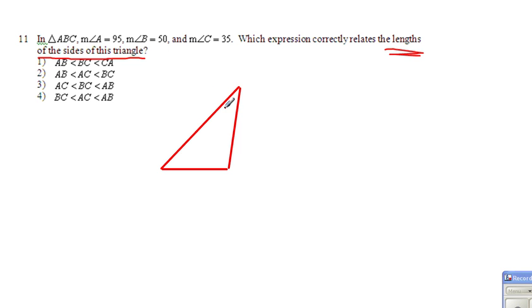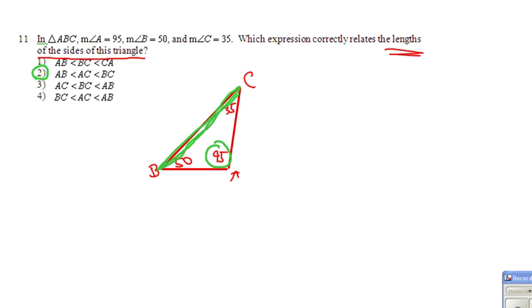So here we have, this is 35, and that's C, and this is A, 95, and then this is 50 at B. Since 95 is the biggest, the longest side becomes BC. BC becomes the longest side. In fact, that gives us only one choice. Choice number 2.